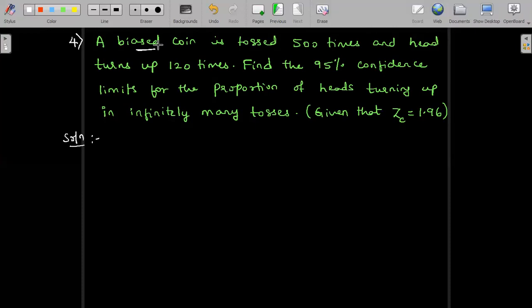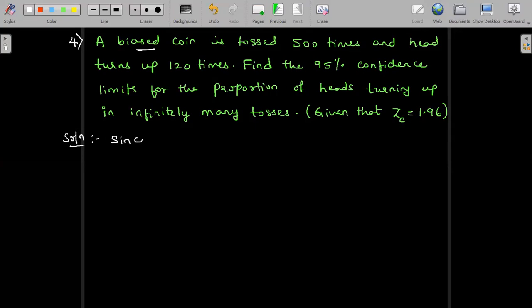P is 120 divided by 500, because out of 500 times the coin is tossed, head is turning up 120 times. If this was an unbiased coin, the probability of getting a head would be 1 by 2. But since it is a biased coin, we have to obtain the probability separately. So let us do that first.